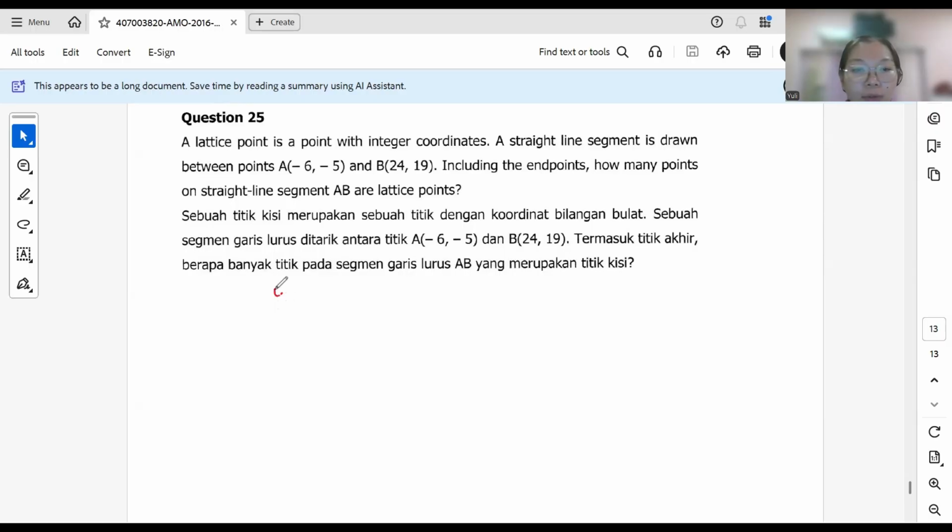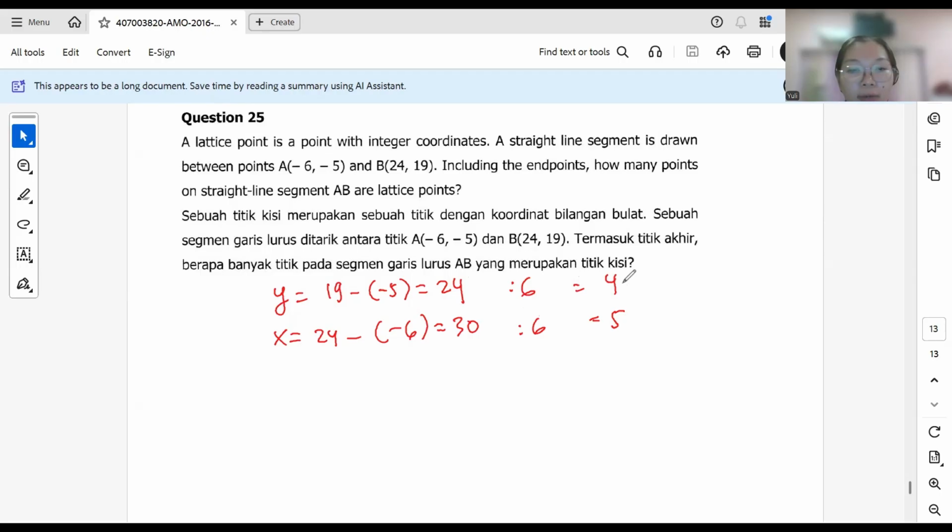Okay, so for the y, this is the range of the y. So the ratio will be divided by 6. Every 4-point increase in y will increase 5 points in x.